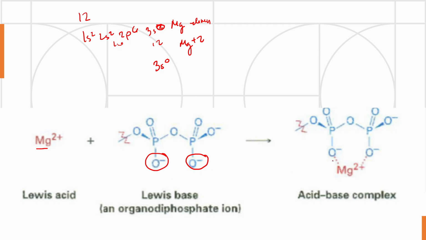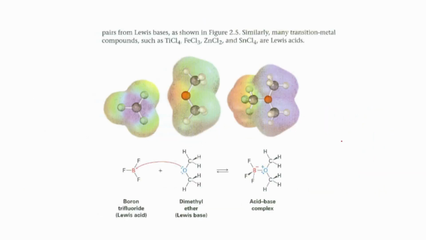So what will happen is magnesium, which has an empty orbital, can bond with our oxygen here because of their lone electron pairs. It can form an acid-base complex. These are other examples of Lewis acids. Similarly, many transition metal compounds such as titanium chloride, ferric chloride, zinc chloride, and tin chloride are Lewis acids.